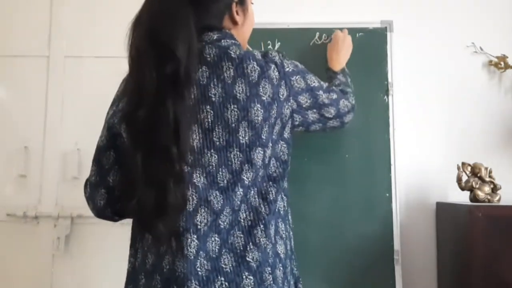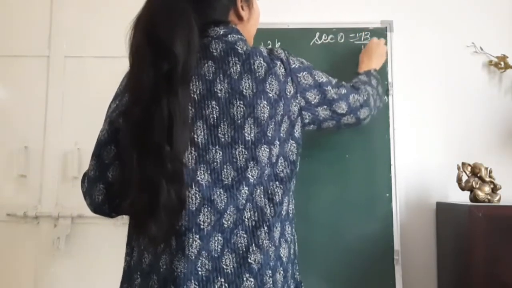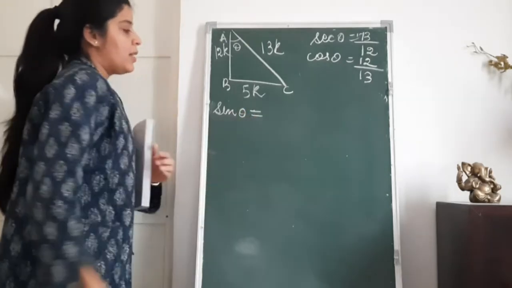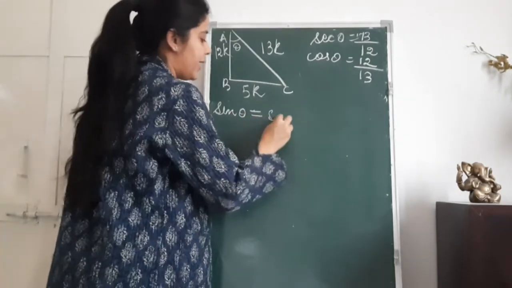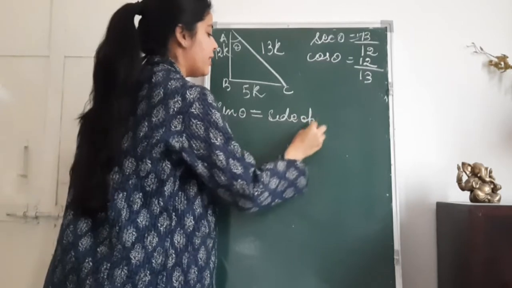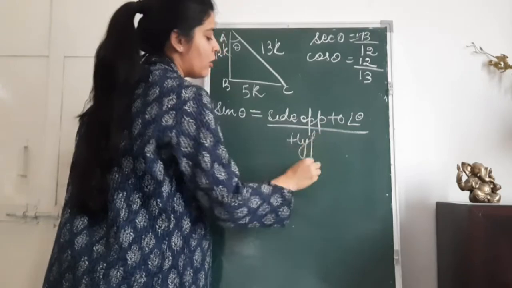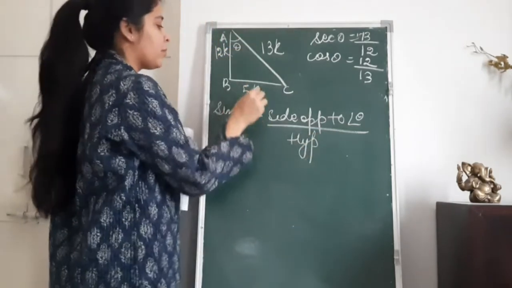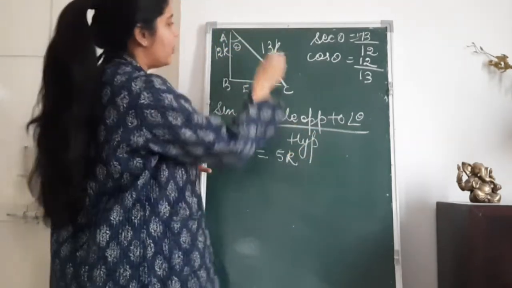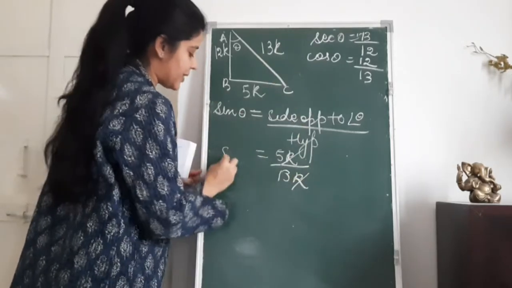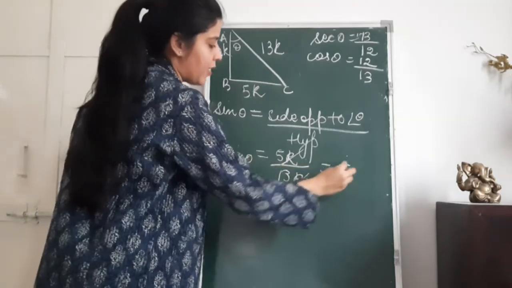So we have two values with us: sec theta is 13 upon 12 and cos theta is equal to 12 by 13. What will be sin theta equal to? Sin theta is side opposite to angle theta upon hypotenuse. Opposite side is 5k, hypotenuse is 13k. K and k cancel, I get sin theta as 5 by 13.